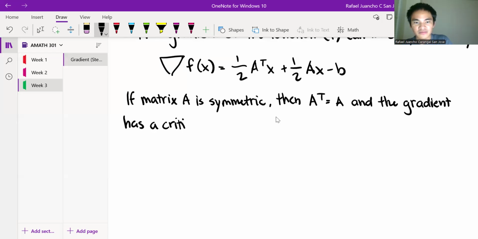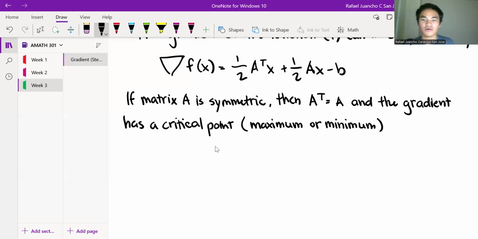A critical point, meaning there's either a maximum or a minimum, when the gradient of my function, I'm assuming this is a function, is exactly zero, and AX is equal to B, right?